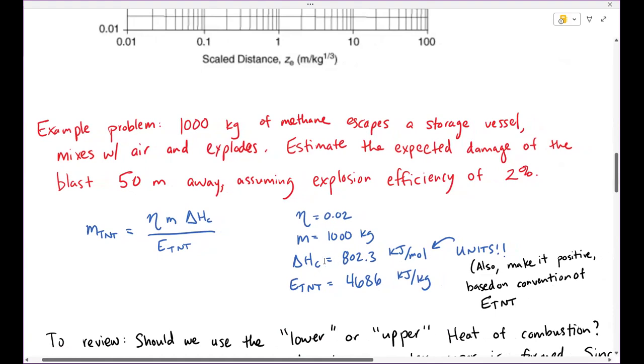And then another thing too is that the heat of combustion by convention is oftentimes negative, but obviously if you have one negative here, you're going to get a negative mass, which doesn't make any sense. So you have to be aware of the differing conventions here. It's just a convention. It's not like I'm magically just making a negative into a positive, but it has to do with energy being given off.